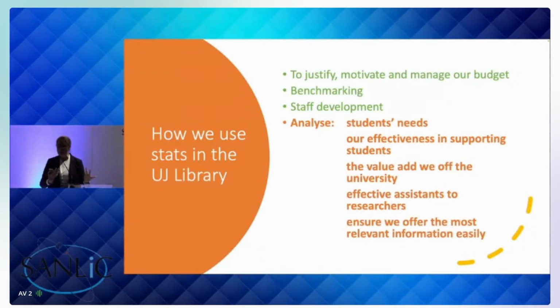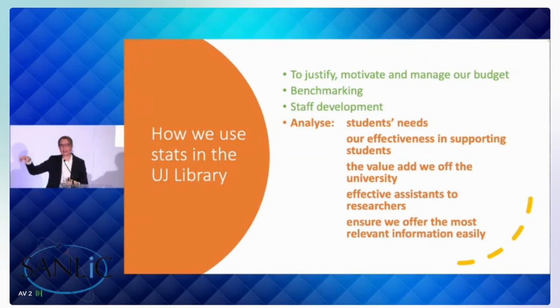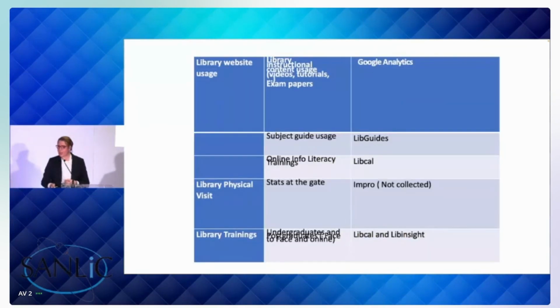So this helps you to see how we put something in place, we analyze how well it is working, but what we've put in place and the statistics that we are gathering is linked to a particular strategy and goal of the university.